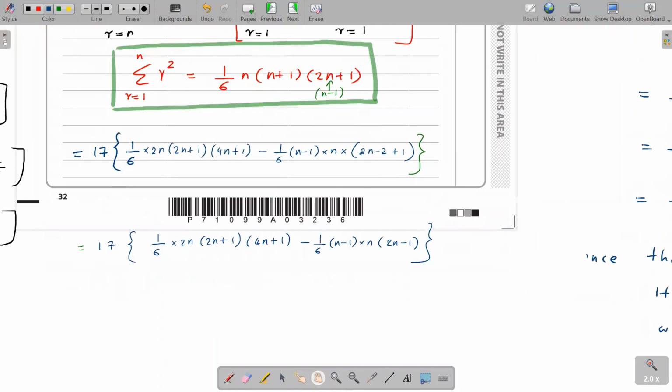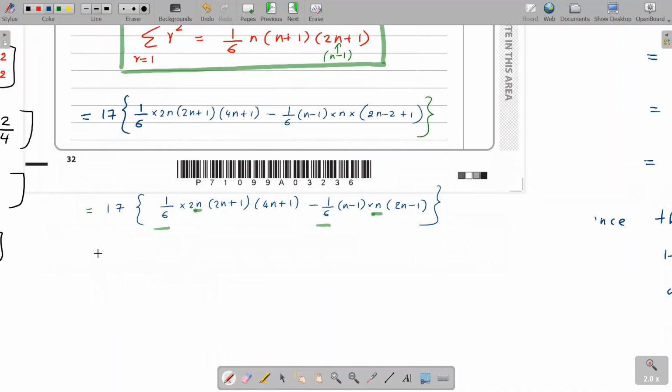Okay, so I'll take the common thing out. 1 over 6 is common to both of them and n is common to both of them. So while 17 is out here, I'm taking 1 over 6 and n out. I'm remaining with 2 times 2n plus 1, 4n plus 1 minus, with 1 over 6 n gone, I'm remaining with n minus 1, 2n minus 1.